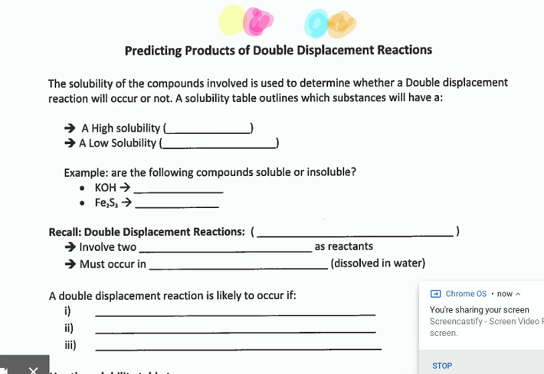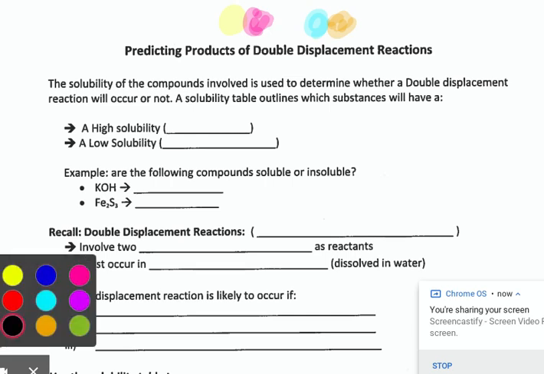What happens is we're going to say AB plus CD. They essentially switch partners, and A ends up with D, and C ends up with B.